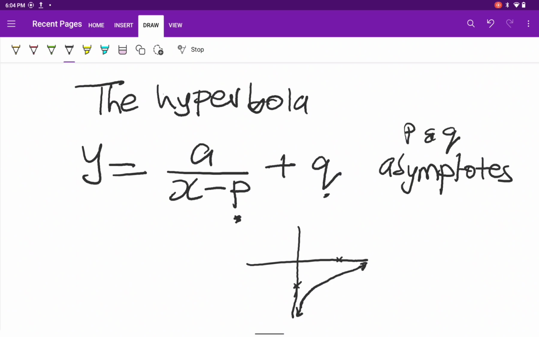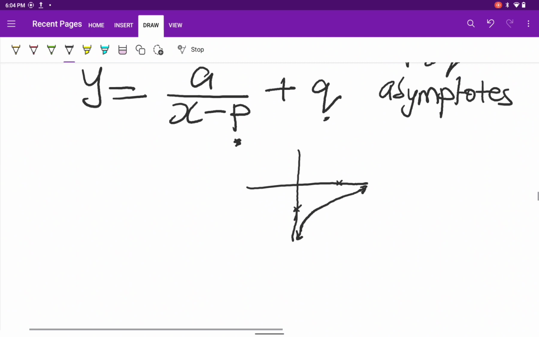So now we are going to look at this hyperbola where the p and the q represent the asymptotes. Now we are also going to look at the shape.